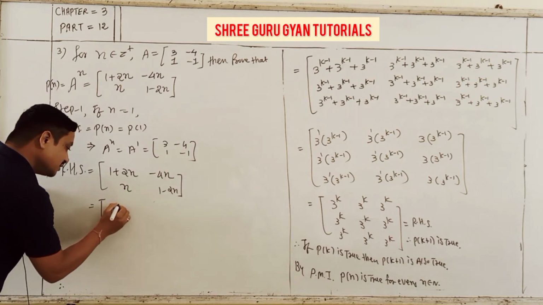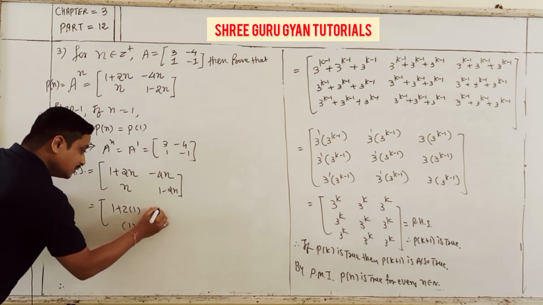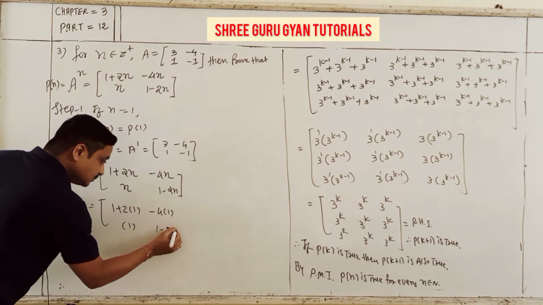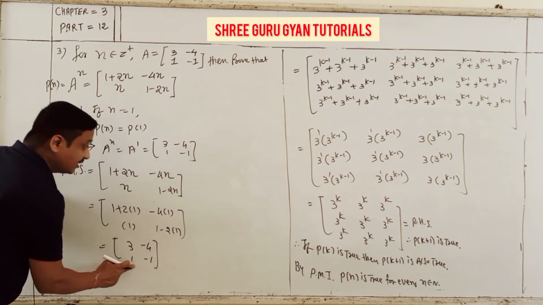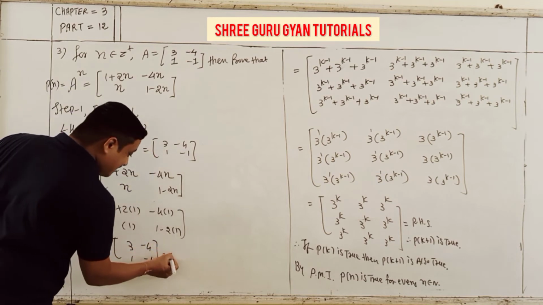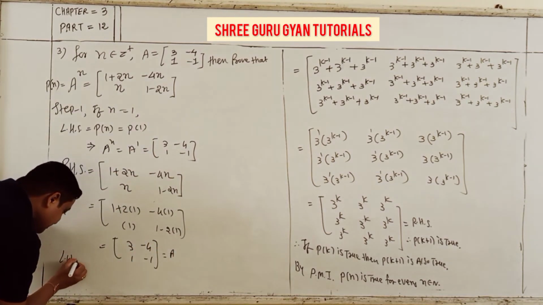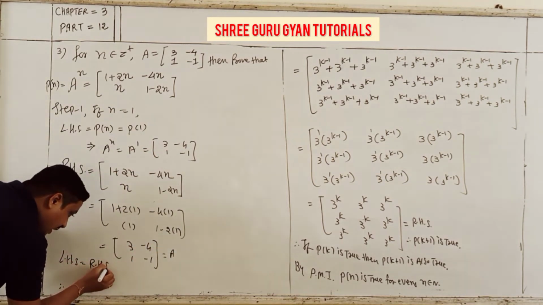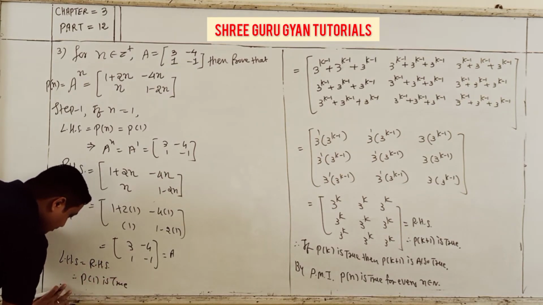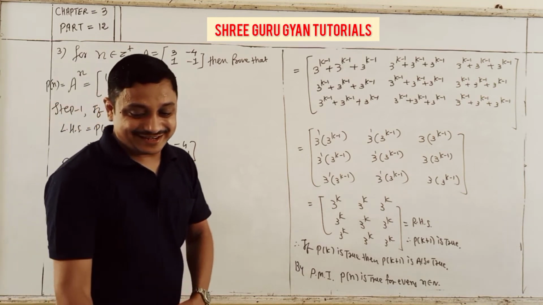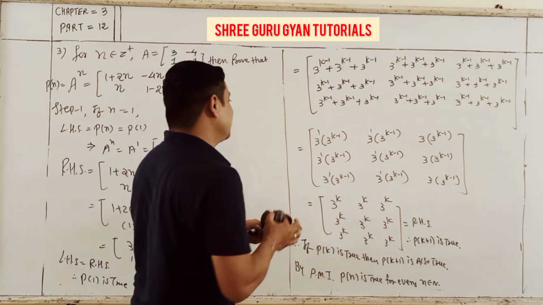So it is 1 plus 2 with 1, 4 with 1, and you will check it is [3, 1; -4, -1], and it is the same as A. Therefore LHS is equal to RHS. It means P1 is true. First step happily done here. Now moving to our second step.